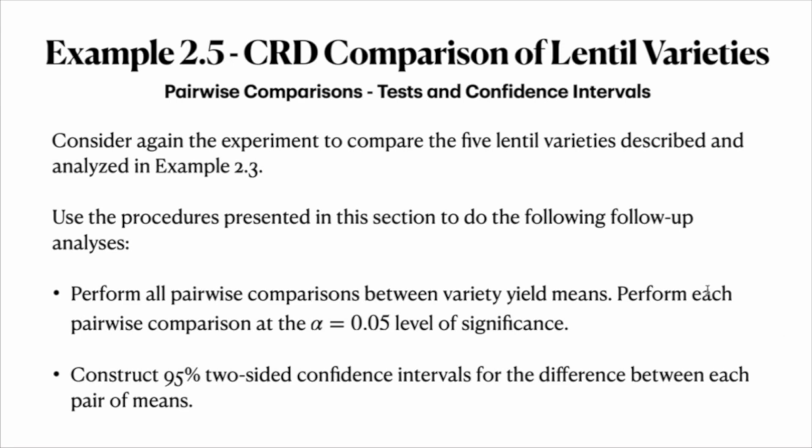And since these are pairwise comparisons, which are expressed in terms of a difference between pairs of means, what we would do then is construct 95% two-sided confidence intervals for the difference between each pair of means. So do that just to get some practice on using the techniques and procedures that we've been discussing in the last couple of lecture videos.